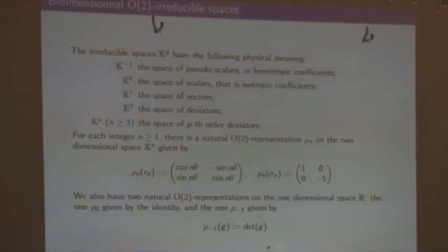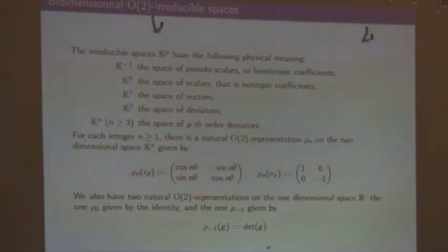If you apply a mirror operation to an element in K-1, up will become down, and in the mirror, down will become up. So these elements, hemitropic elements, are only invariant under a rotation and not under a rotation and mirror, and are associated to the notion of chirality. If you get in your decomposition a component in K-1, you will have something which is chiral, because the behavior in the mirror will be different.